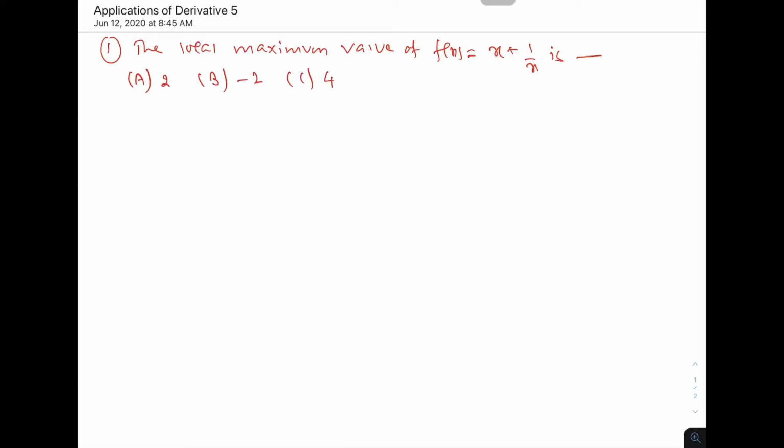The local maximum value of f(x) equal to x plus 1 over x is blank. So options are 2, -2, 4, -4.